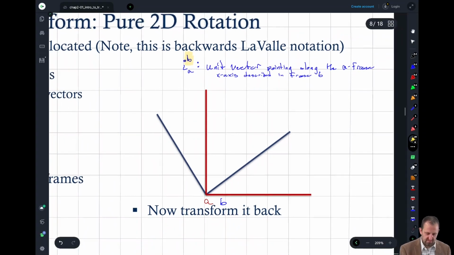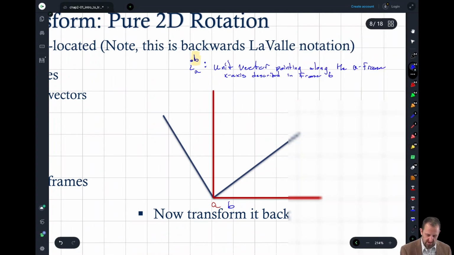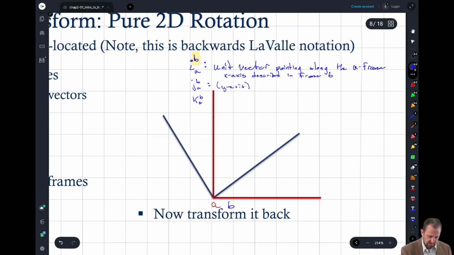And we have similar things for J, we say J^A, J^B, K^A, K^B. These are the exact same except for the y-axis, and K is going to be our z-axis.